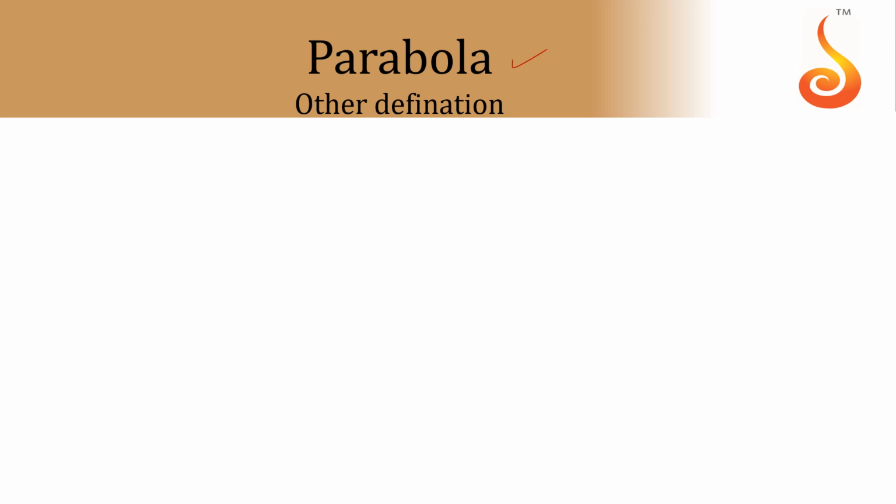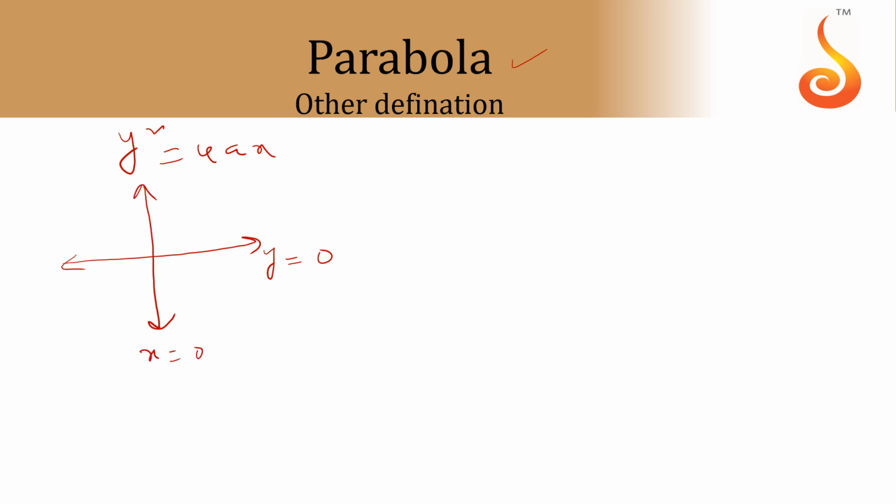Let us see another definition of parabola. If you observe the standard parabola y square equal to 4ax, suppose you take the axis of the parabola, whose equation is y equal to 0, and the tangent at vertex is x equal to 0. Let P be a point (x, y) on the parabola.